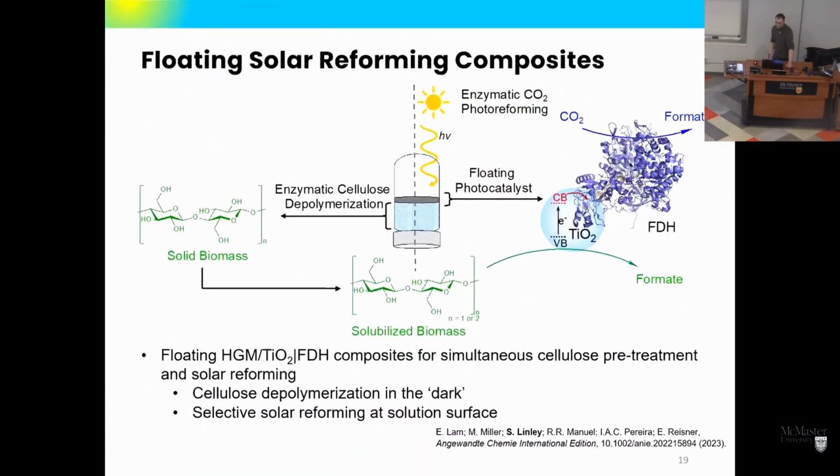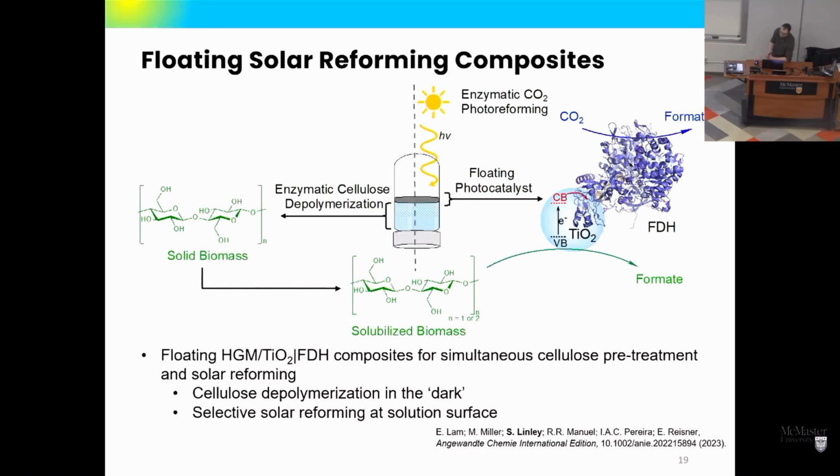And this allowed us to do this floating system where we've got two layers here. We've got this layer of floating photocatalyst, and this is catalyzing our CO2 to formate transition through this enzyme. And then over here we've got this bulk solution where we've got our solid biomass substrate.